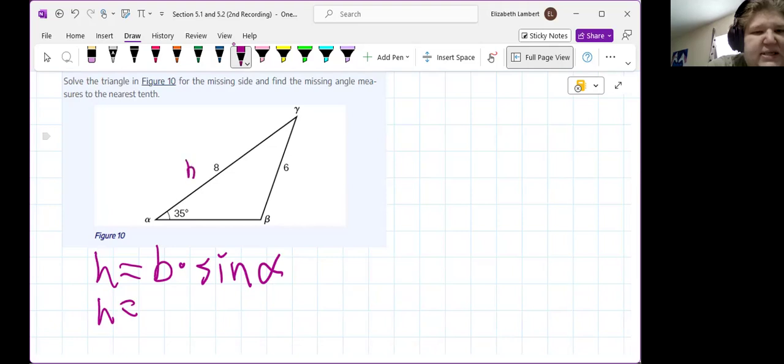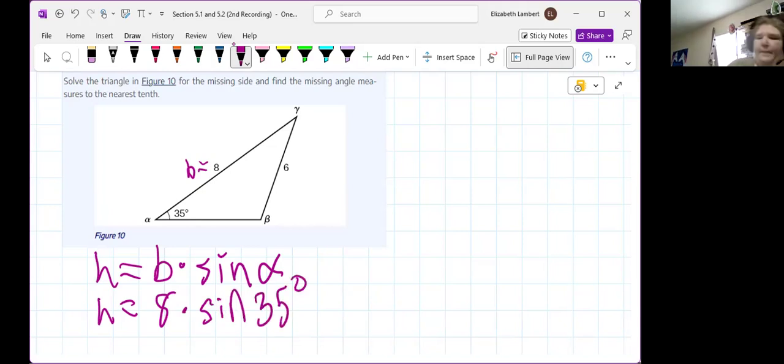So B is 8, and then alpha is 35 degrees. Pull out the handy dandy phone calculator. Sideways. Yes, I'm in degrees. 8 times the sine of 35.